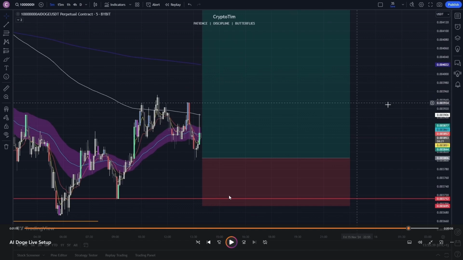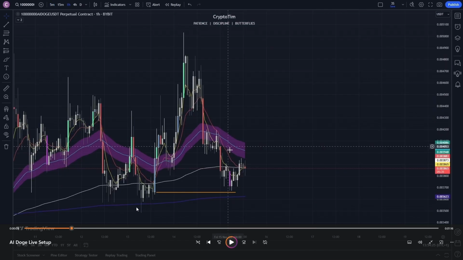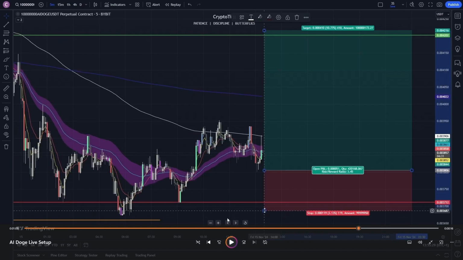If they break this vector block, they will most likely break the previous vector candle recovery that we had here as well. Also these wicks on the 1-hour time frame. So if that vector block breaks, there's a good chance we will take out this as well. So we look for a re-entry after they have taken out this wick.